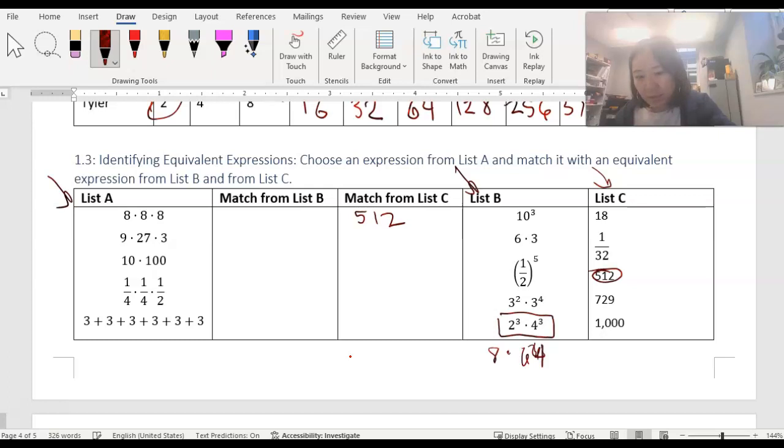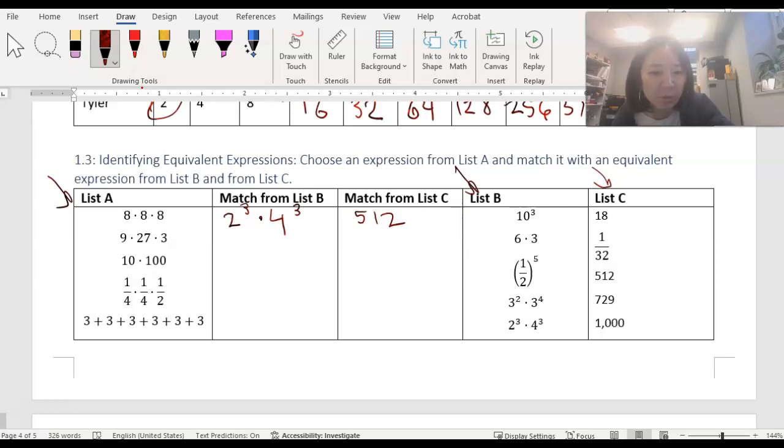That doesn't look like a 64, but it is 64 times 8 gives us 512. So this is from list B, 2 cubed times 4 cubed. All right, so that's all you're doing for this one. I'm going to let you do that because you need the practice of doing this by yourself. But you're trying to figure out which of these match up with lists from list B and list C.